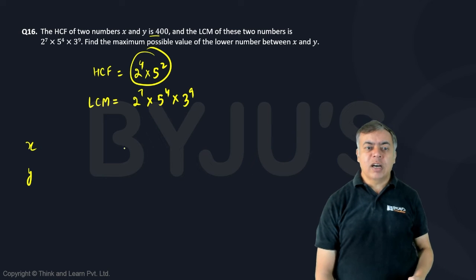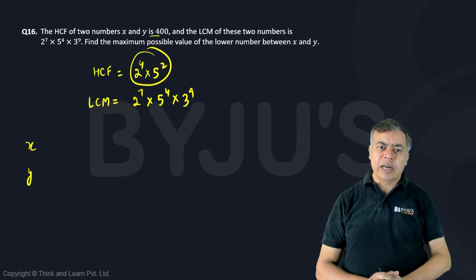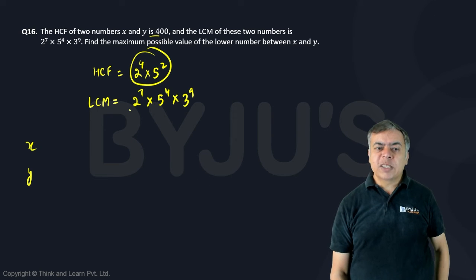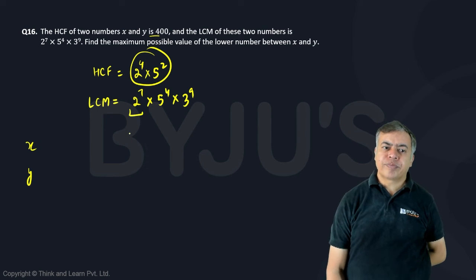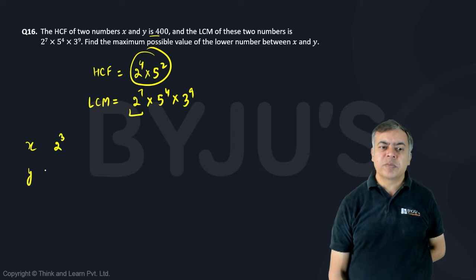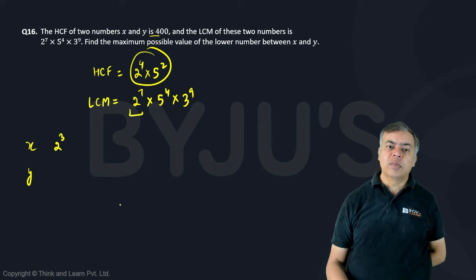But other than this common factor, you cannot have any other common factor. But 2's highest power must be 7, so that means either x or y must contain 2 raised to power 3, so that this becomes 2 raised to power 7.